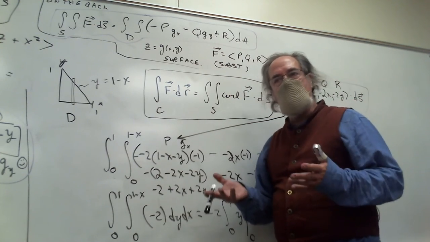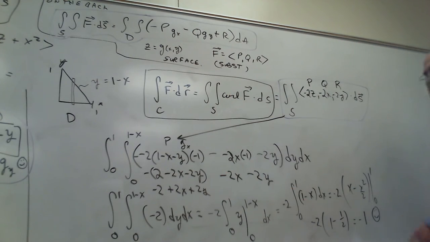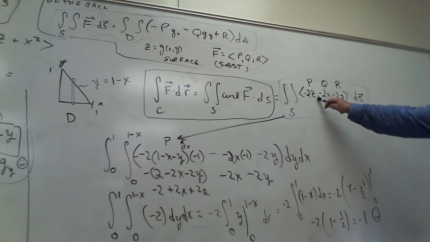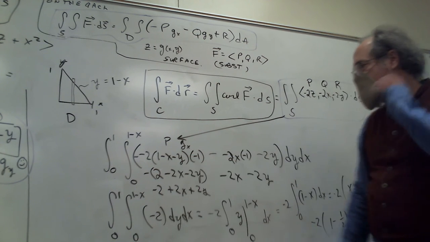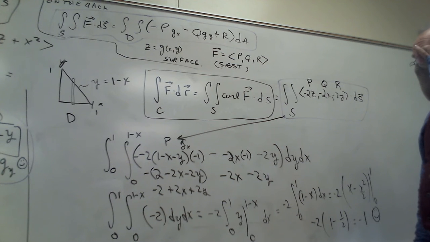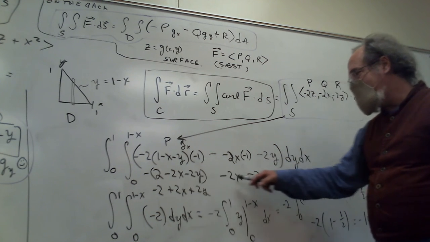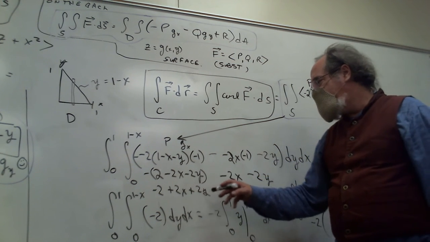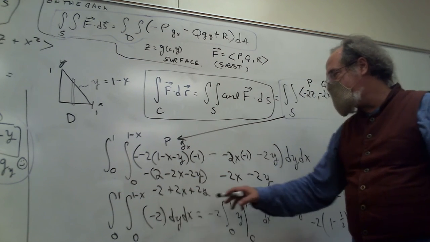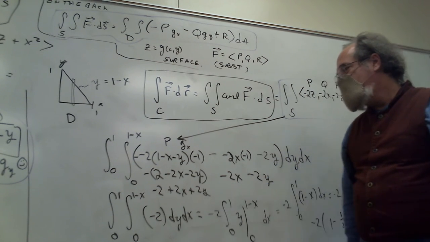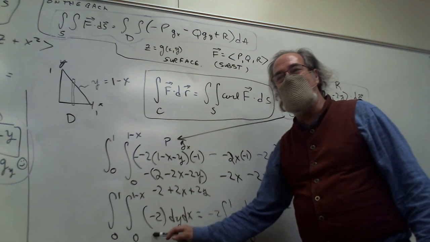So every z can be replaced by a function of x and y. I've only got one z to replace. There it is. So I pop in that z, taking care of all minus signs. We end up with a beautiful thing. Negative 2x plus 2x. Negative 2y plus 2y. The only thing that survives is a negative 2.